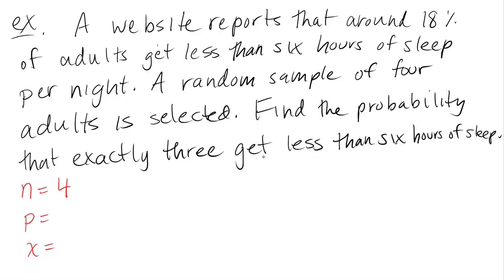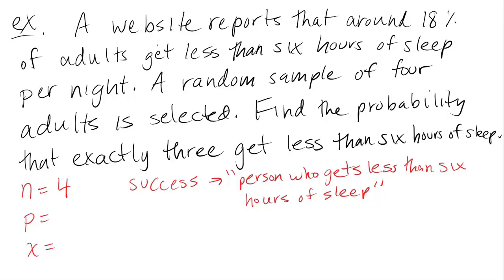We're looking at the people who get less than 6 hours of sleep. So to me, a person who gets less than 6 hours of sleep is a success. I don't require that you write your successes out, but you at least need to mentally note which outcome you consider to be a success, because that affects the value of P and the value of X.